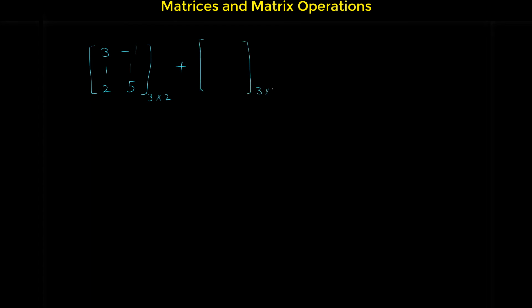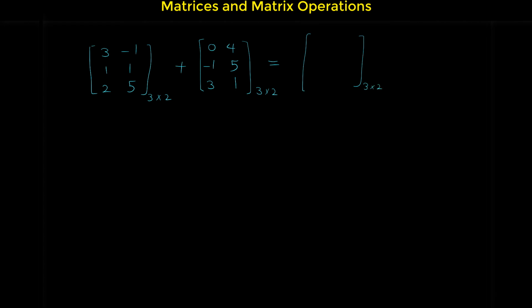So the second matrix must be the same size, otherwise you cannot add them. Randomly we are putting numbers here: 0, 4. The sum of these two matrices is again a matrix of the same size.